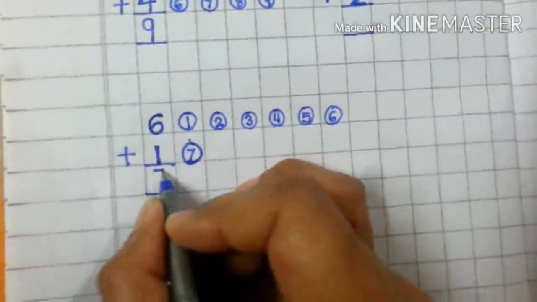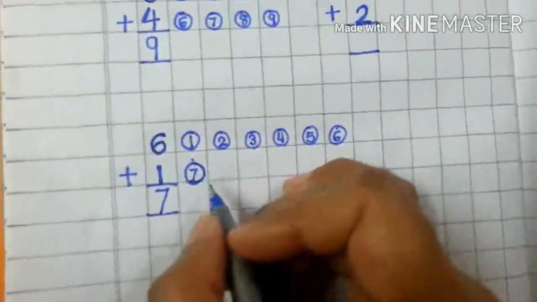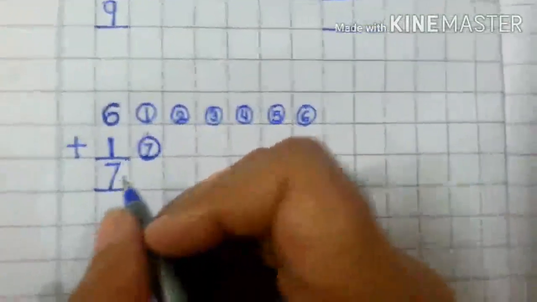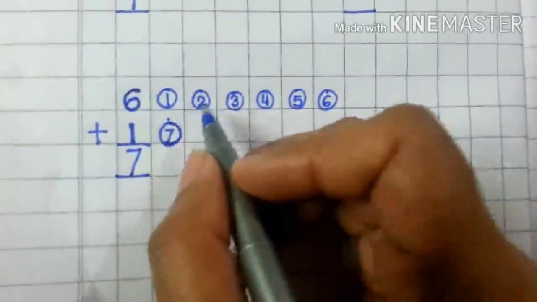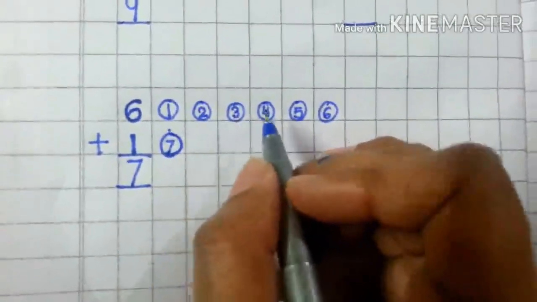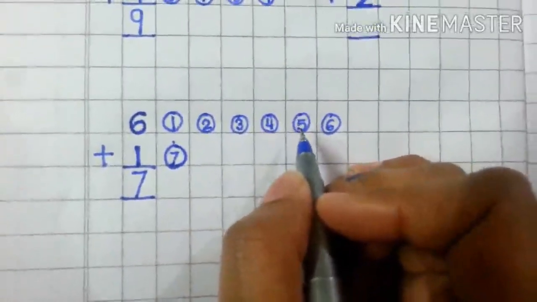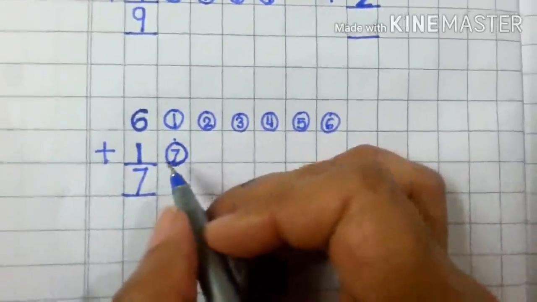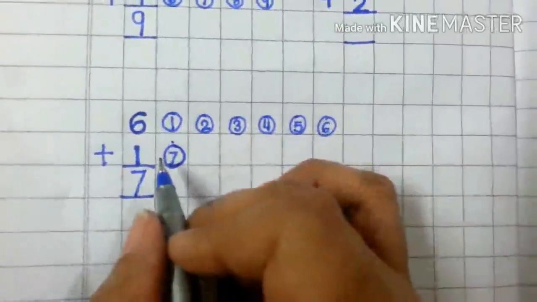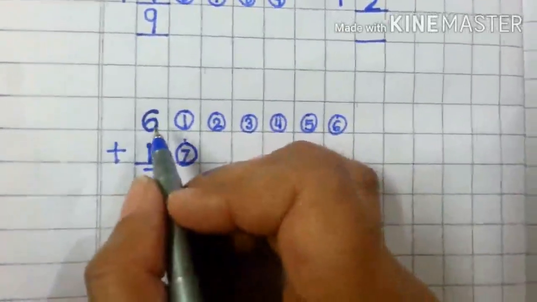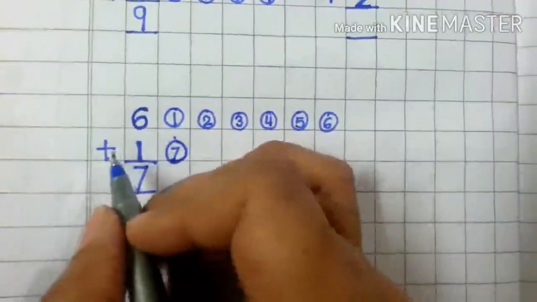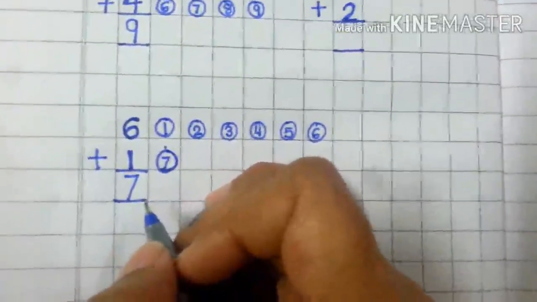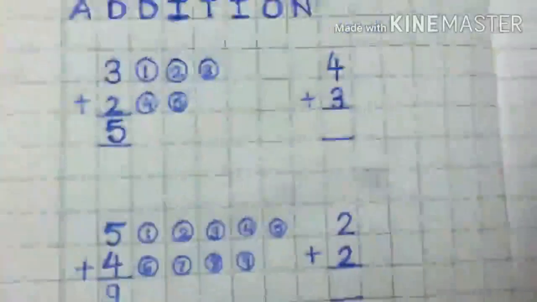So write here number 7. Total number of marbles we have 7. Let's check. 1, 2, 3, 4, 5, 6. Follow the forward counting 7. All together we have 7 marbles. 6 plus 1 are 7.